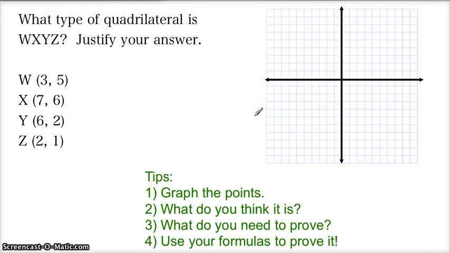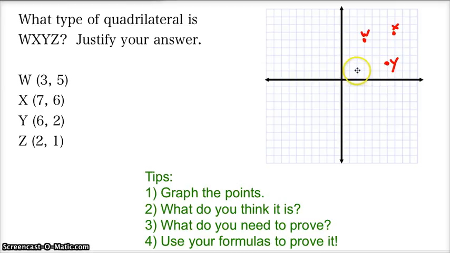So start by graphing. Point W is 1, 2, 3, 1, 2, 3, 4, 5. And I would make sure to label. 1, 2, 3, 4, 5, 6, 7, 5, 6. And let's see, 6, 2, 1, 2, 3, 4, 5, 6, 1, 2.